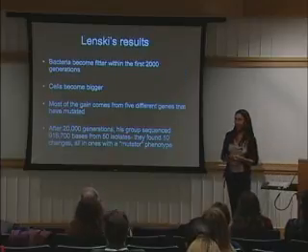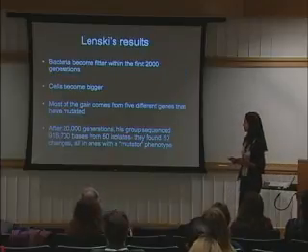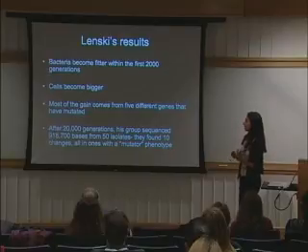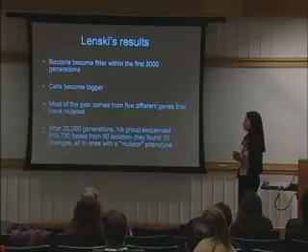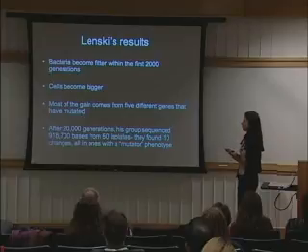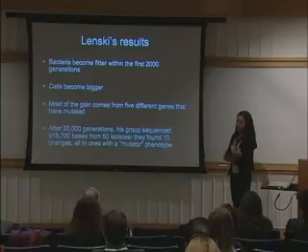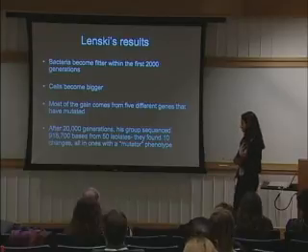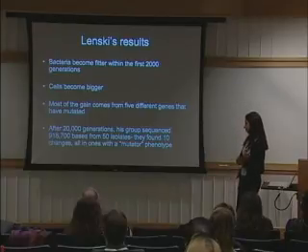But basically, this is what they found, that bacteria become more ecologically fit, if you like, within the first 2,000 generations. Then the cells become bigger, and most of the gain in the organism comes from 5 different genes that have mutated. So that's what makes them bigger.